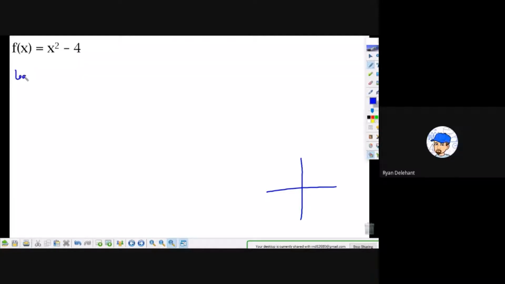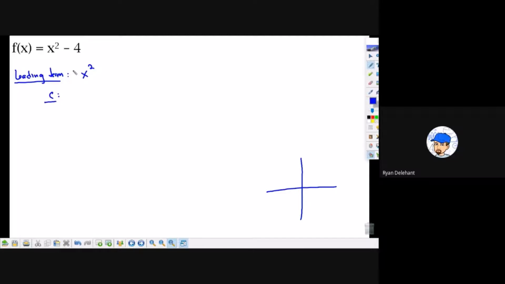So what is the leading term of this? Leading term is x squared, right? And there's two things that I care about. I want to look at the coefficient, and I want to know whether it's positive or negative. So the coefficient, the number that's up here, what number should be written there?